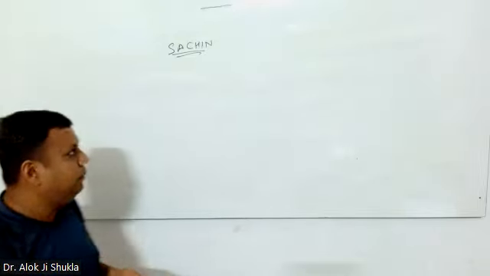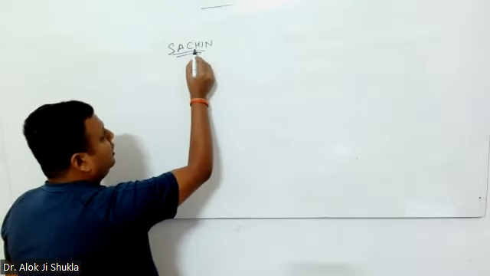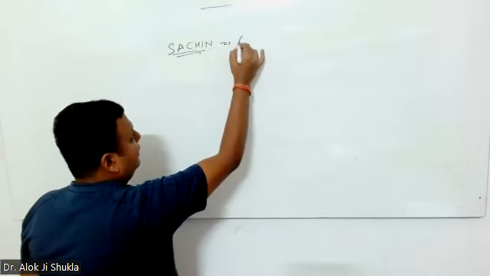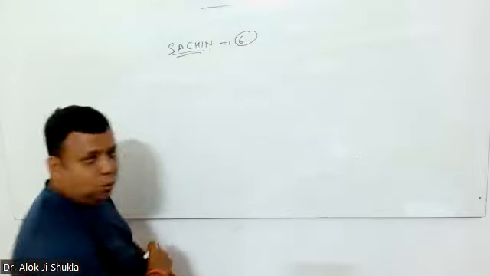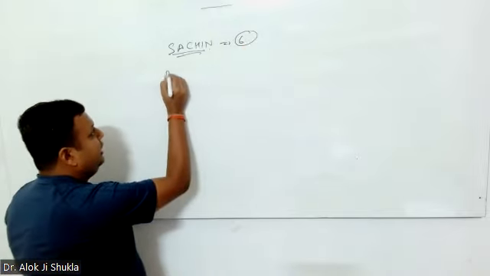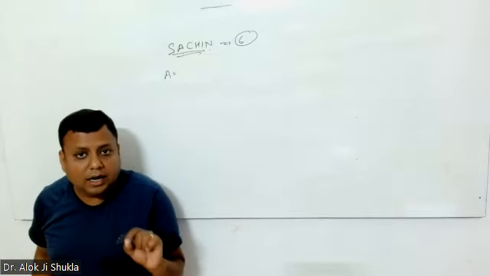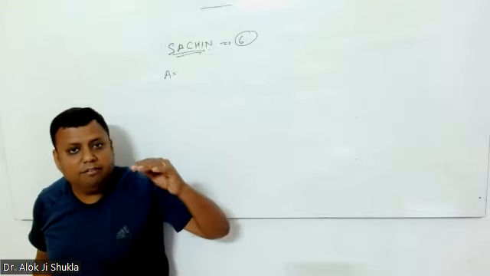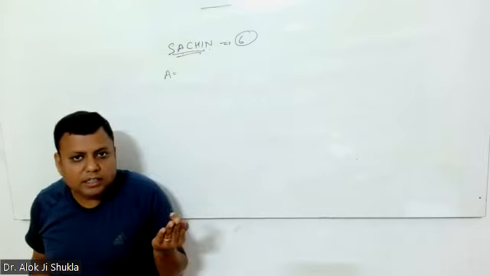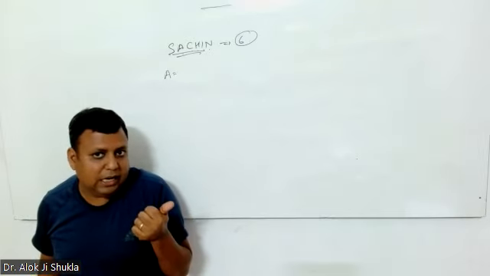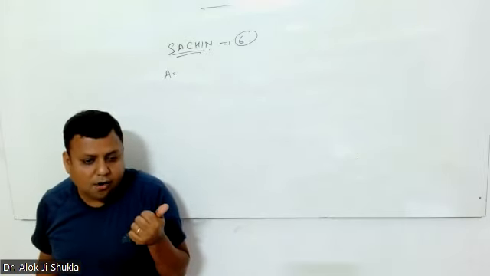So the idea is pretty simple. This is a 6 letter word. In a dictionary, we will start with A. Since we're starting with A, we will have a large number of words starting with A. And what will be that number? Anyone?